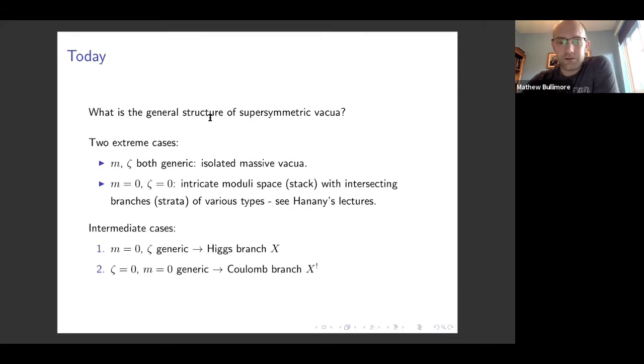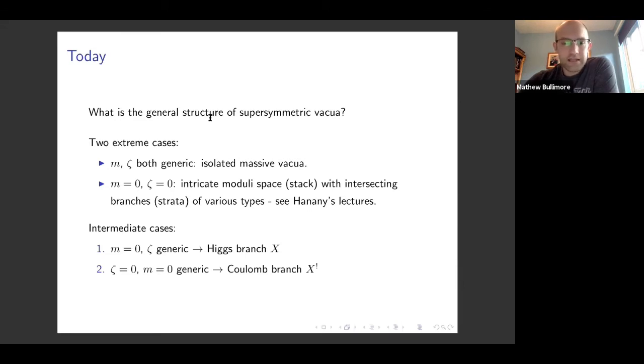And this is sometimes called the superconformal point. And then you have a very interesting, more intricate moduli space of vacua with various branches that intersect in various ways. And that's also an extremely interesting thing to study. But it's in some sense the hardest part, to go all the way down to the origin of the space of masses and FI's.